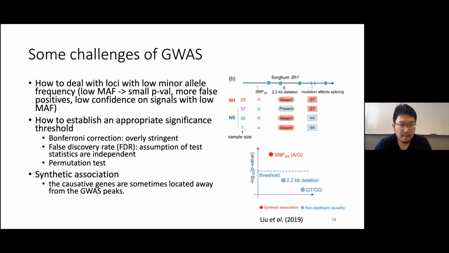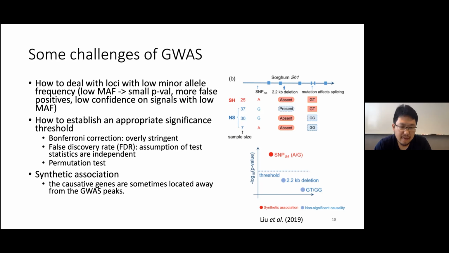And the second challenge of genome-wide association study is how should we establish an appropriate significance threshold for the model? There are 3 major types of threshold. One is Bonferroni correction, which is overly stringent, and the other one is false discovery rate.